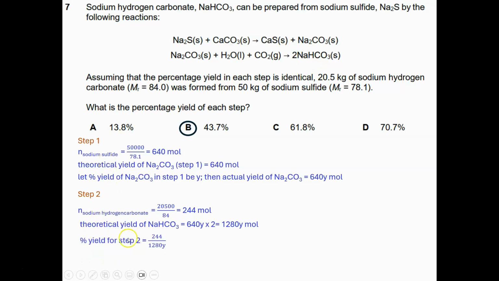So the percentage yield for step 2 is the actual yield divided by the theoretical yield, which is written as 244 over 1280Y. The question specifies each step has the same percentage yield, so I will equate this Y and this fraction. I will get Y squared equals 0.191 and Y equals 0.437, which means that each step has a yield of 43.7%.